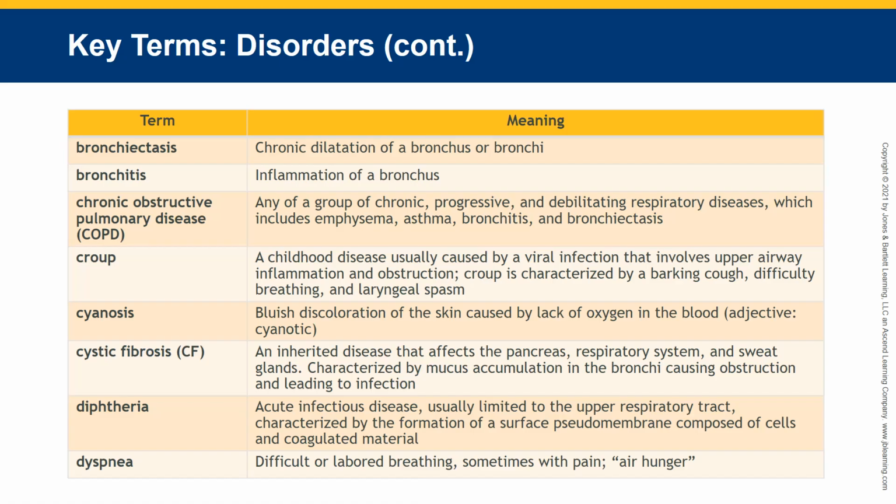Diphtheria is an upper respiratory tract infection that will cause the cells there to kind of get stuck together and form clumps of tissue that make it difficult for you to breathe in the case of a pathogenic infection.